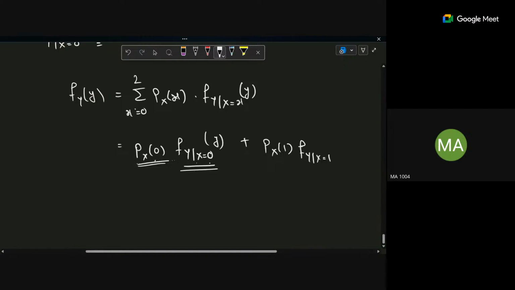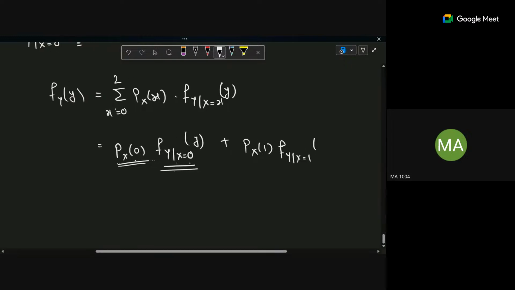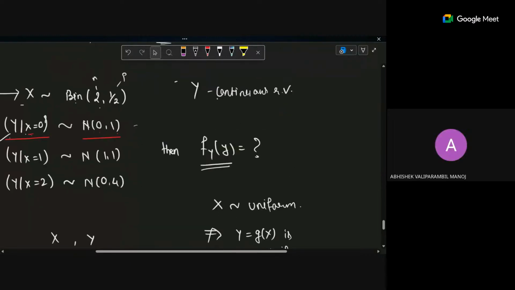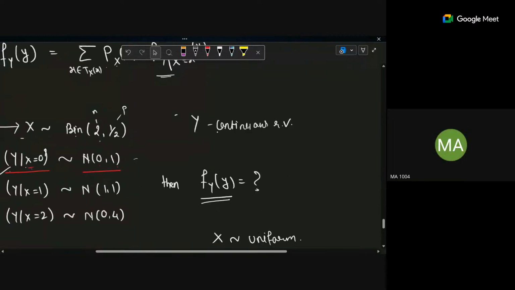So, yeah, what is the probability that x is taking value 0? 1/3, ma'am. 1/3 or what? How did you come with the 1/3? Because x is a uniform distribution 0 to 2, ma'am. No? Just a minute. X is not uniform, right? Sorry, sir.